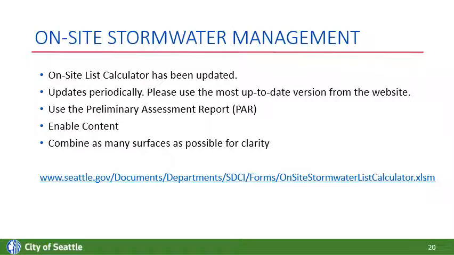Again, whenever you start a new project, please always download the workbook directly from our Stormwater Code website, just to make sure that you have the most up-to-date version. I suspect that with the new code, we will probably be making more updates than we have been doing. So if you could just download that most recent version from the website whenever you are starting a project.